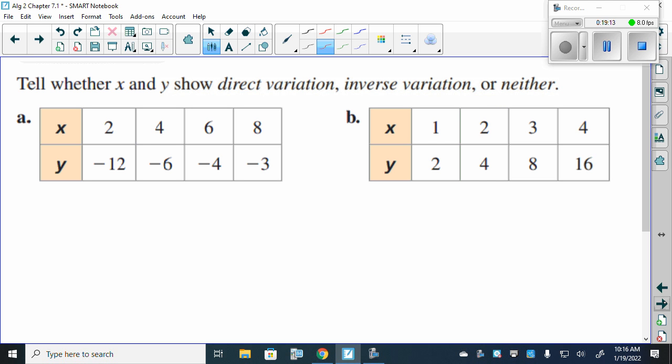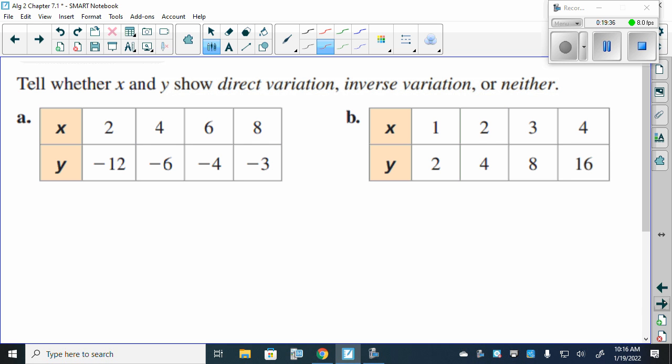For direct, y equals a times x, and y divided by x is equal to a, or we can say a is equal to y divided by x. For inverse, y is equal to a divided by x, or we can say that x times y is equal to a. So for these, having a by itself is going to be a better way to look at them.